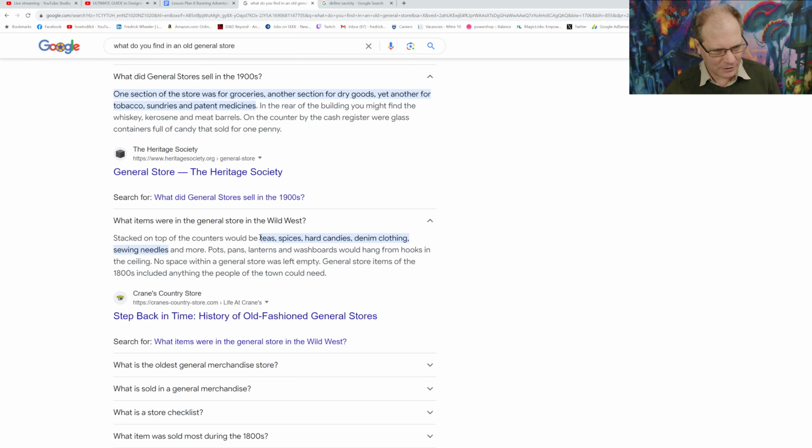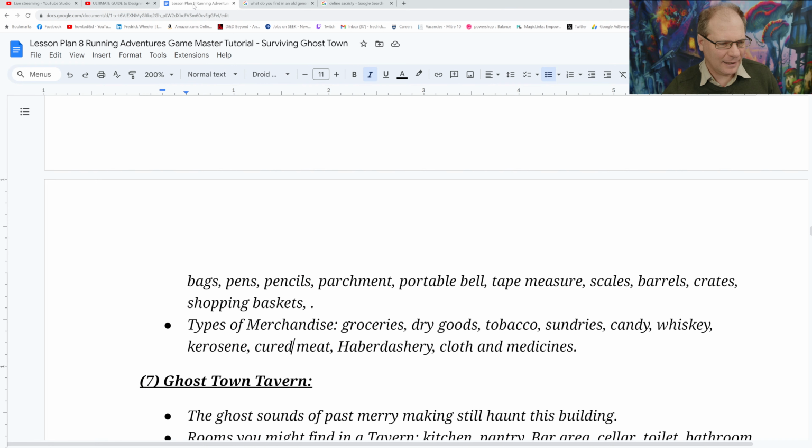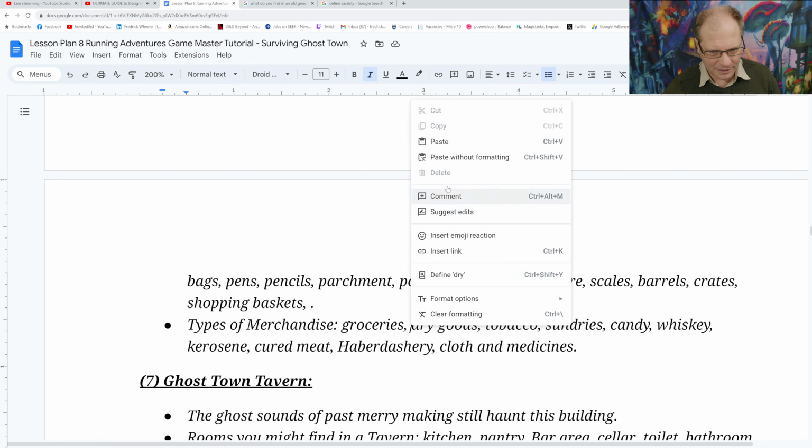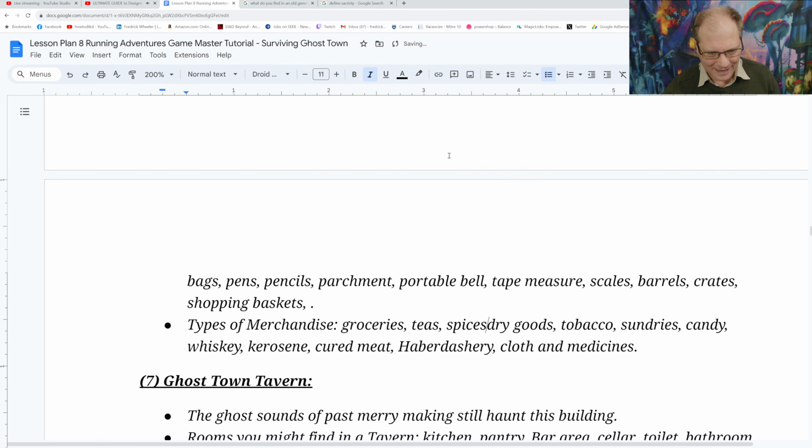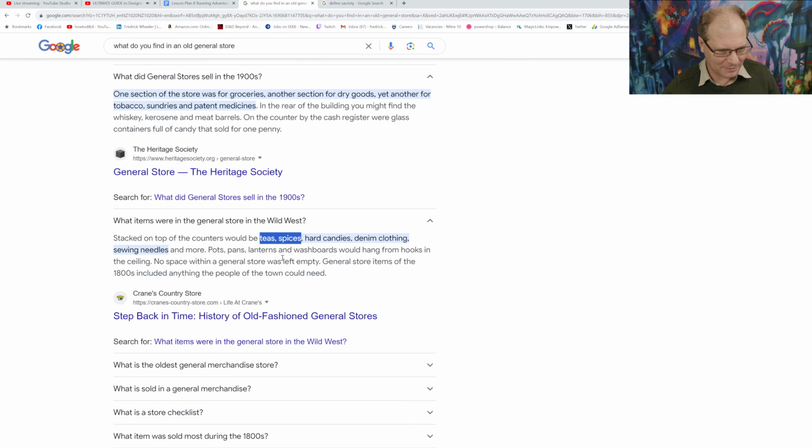So we haven't got tea, coffee, and spices. Pots, pans, lanterns, washboards would be hung from hooks on the ceiling. Okay. Let's put this in here, and then I think that's enough, because we could just go on and on, and this is why I was really reluctant to go over this particular section, because I thought this would get out of hand.